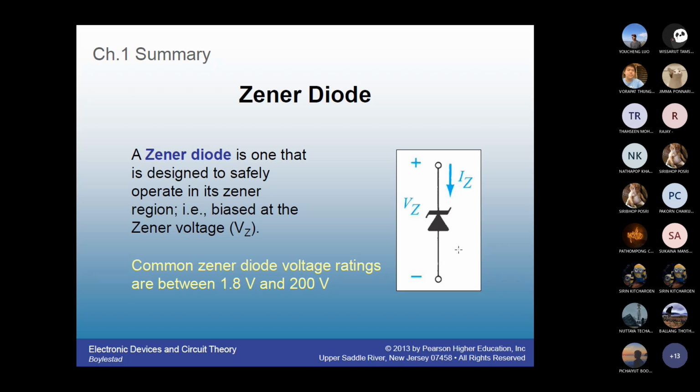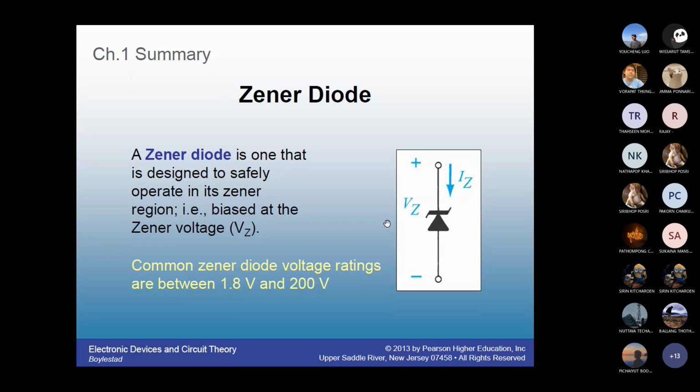Once the Zener turns on, there are some conditions which need to be fulfilled. IZ is the Zener current when it turns on. A Zener diode is also known as a voltage regulator because each Zener diode has its own voltage, depending on the model. If you buy a 2-volt Zener diode, it will give you only 2 volts across when it's turned on.